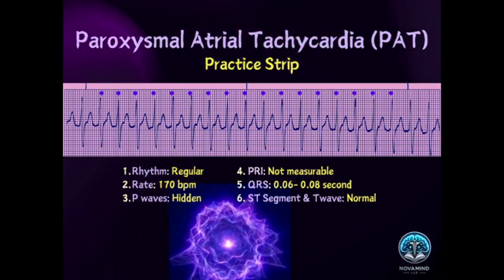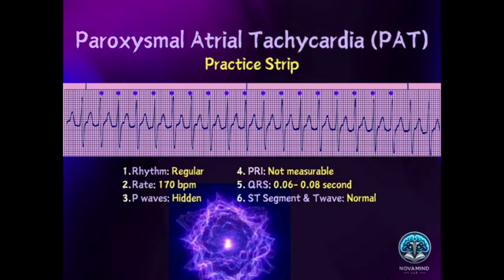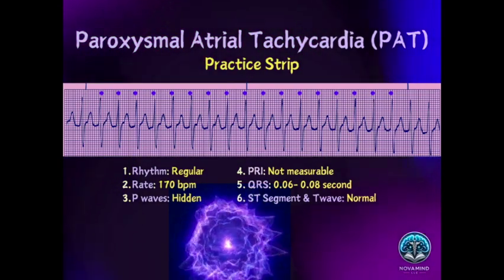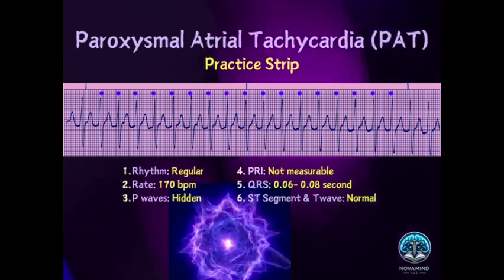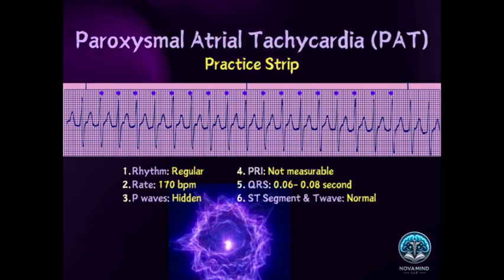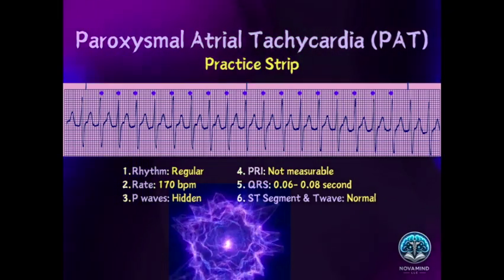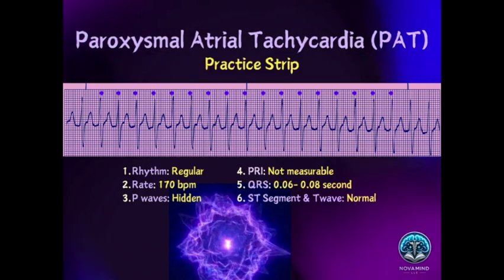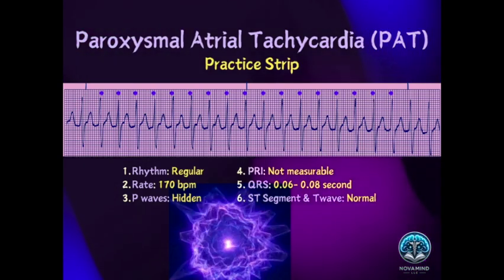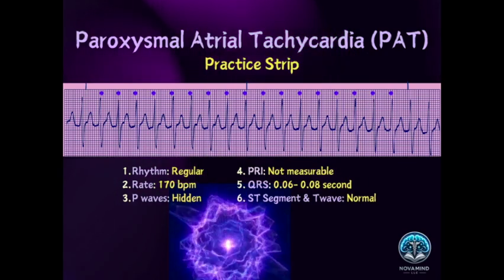In our example, the QRS complex measures between 0.06 to 0.08 seconds, which is within normal range. And in step 6, the ST segment and T wave. Finally, let's evaluate them. Even though the rate is fast, the ST segment and T wave appear normal in this rhythm, meaning there are no signs of ischemia or injury. This is common in patients with PAT unless there's underlying cardiac pathology.